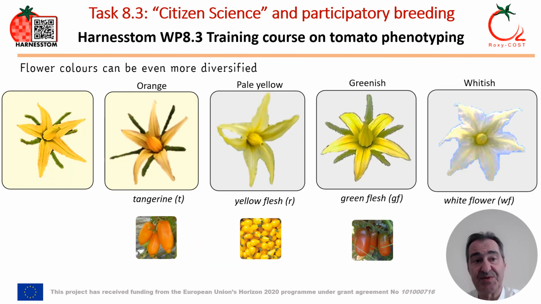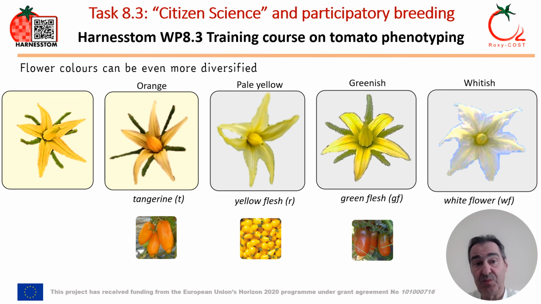Other mutations exist that vary the flower color in tomato. The tangerine mutation, for example, gives an orange fruit and also produces an orange flower like the one we saw before. Yellow flesh, the mutation which is the basis for yellow tomatoes, has a very pale yellow flower.